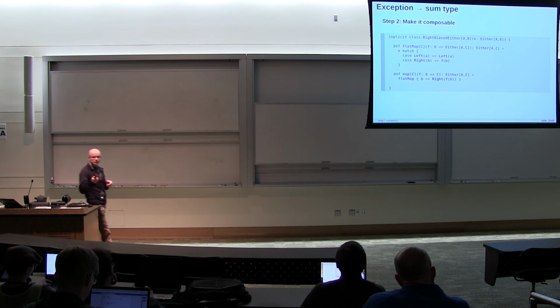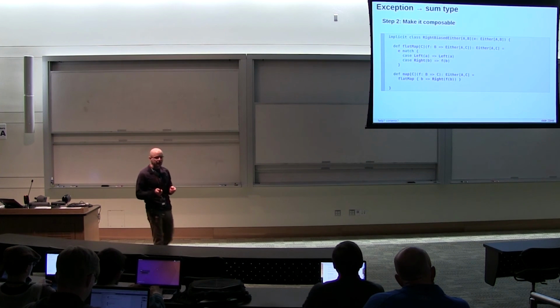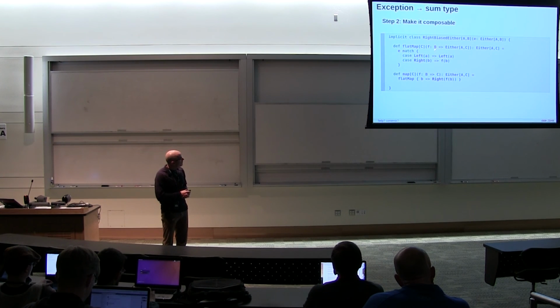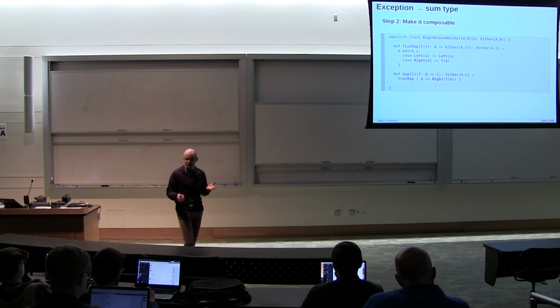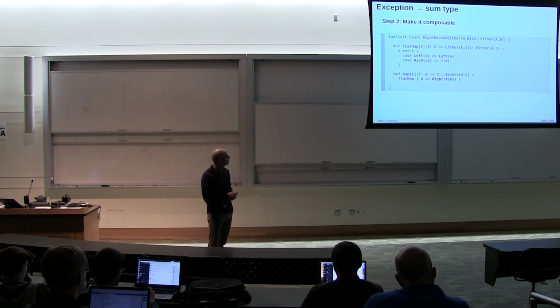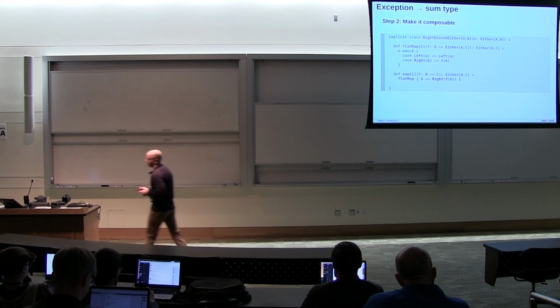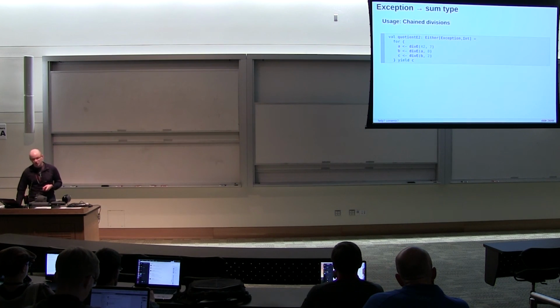So when we use that syntax in that for comprehension, A represents the input to this function. Since in our either exception int, B has the type int. When we call flat map, Scala will desugar this into 3 flat maps and a map.